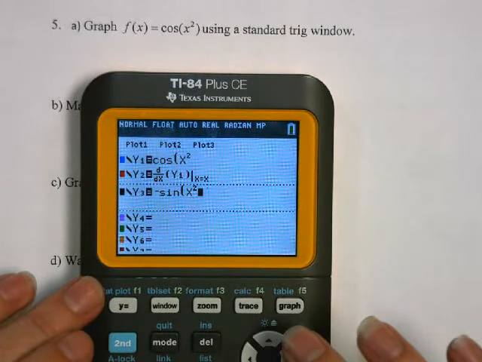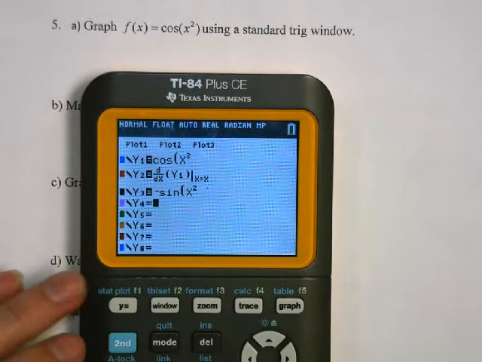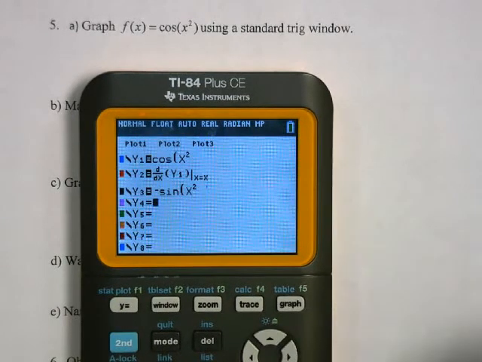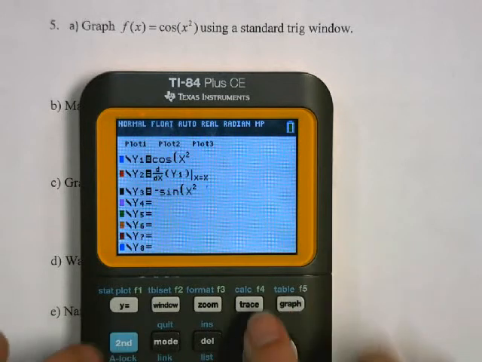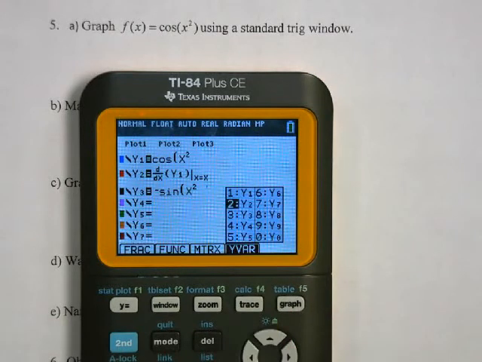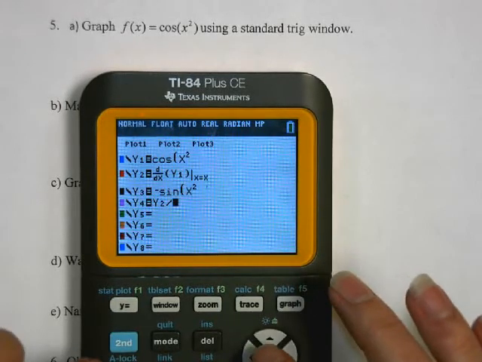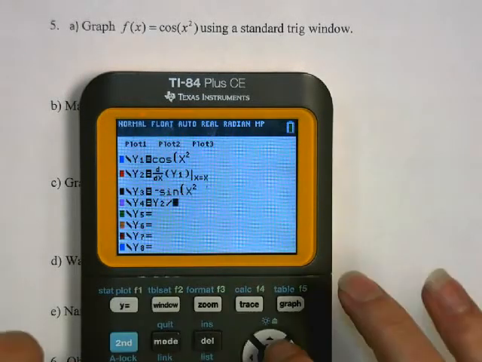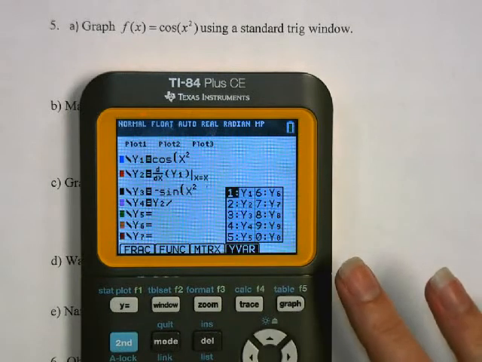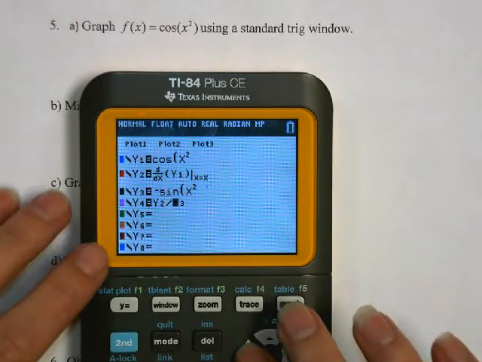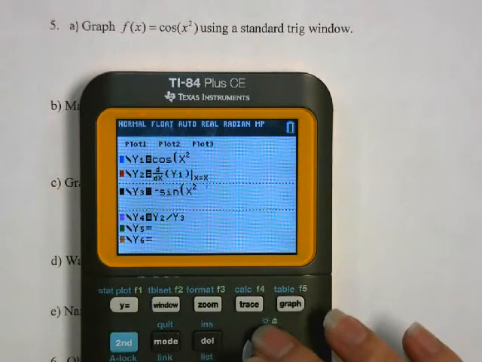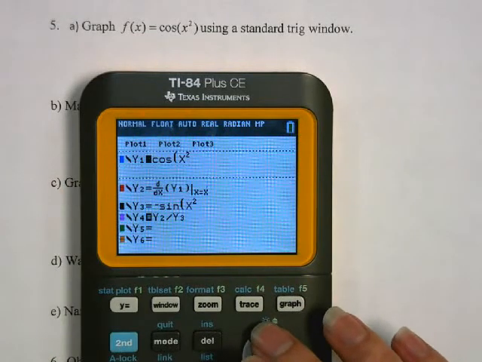So what I'm going to do is take the actual derivative, which is in y2, and divide by my guess, and only graph that.